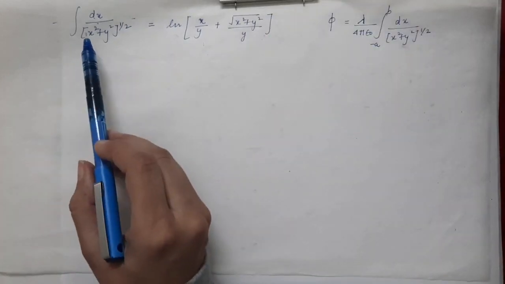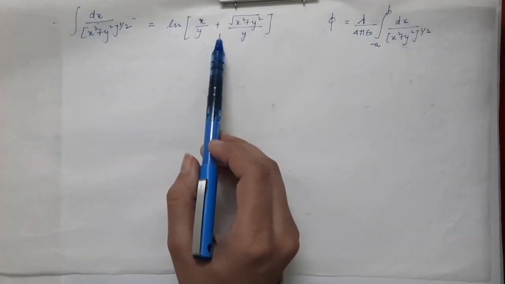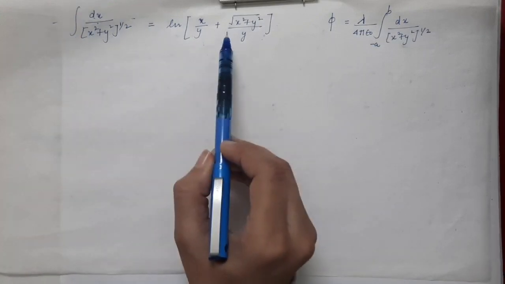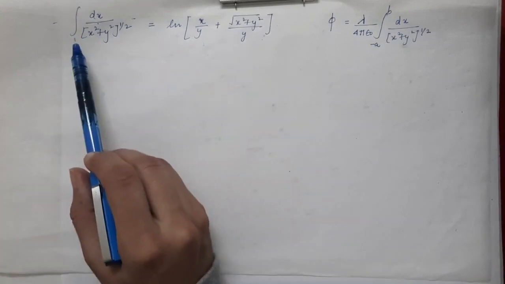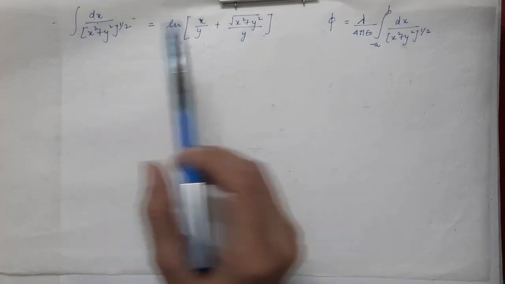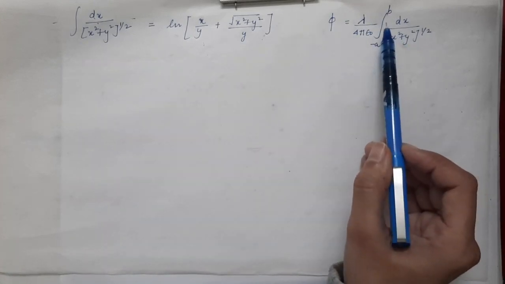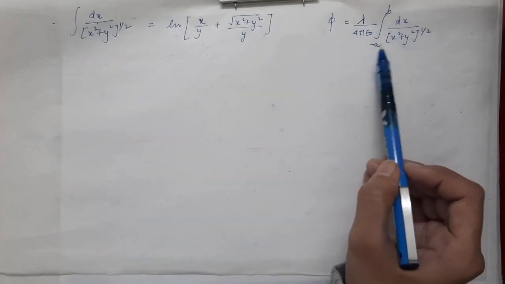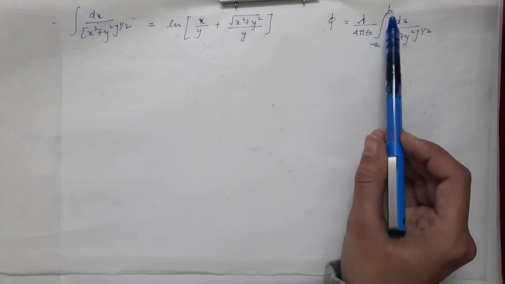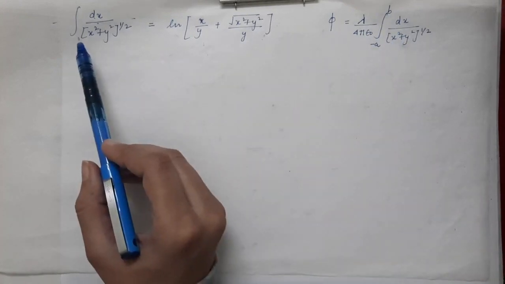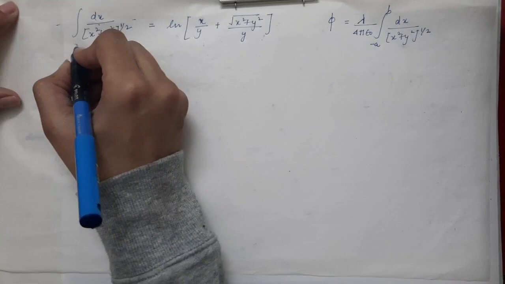And here we found out the result of this integration as this one. But here we had not put the limits. So we want to find out this integral with the limits of x from minus a to b. So here also we will put the limits over here.